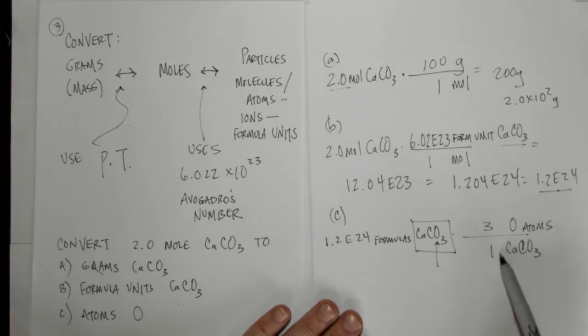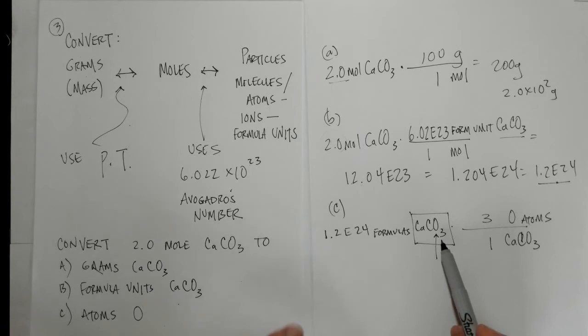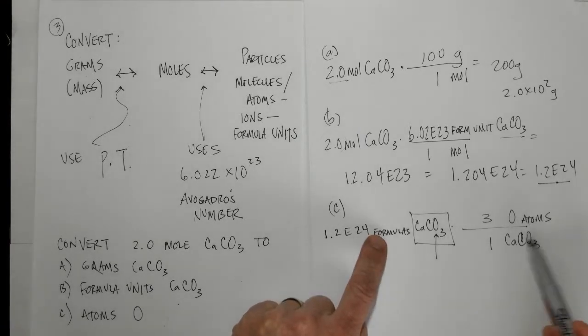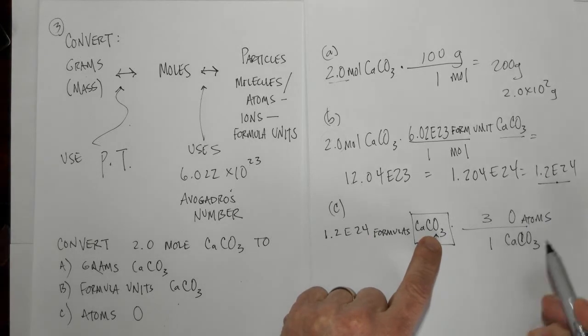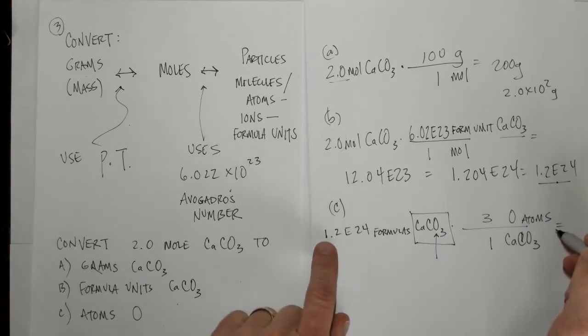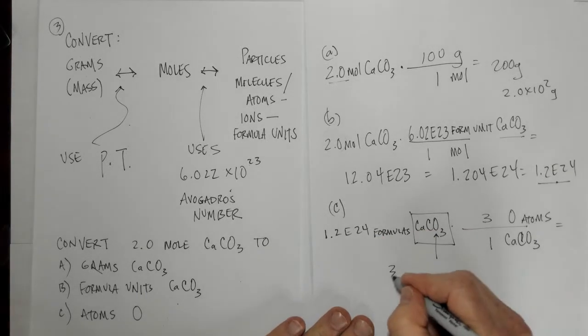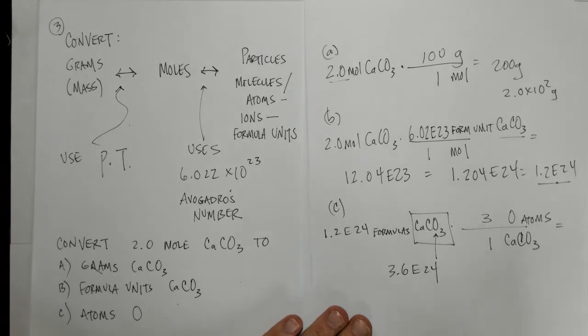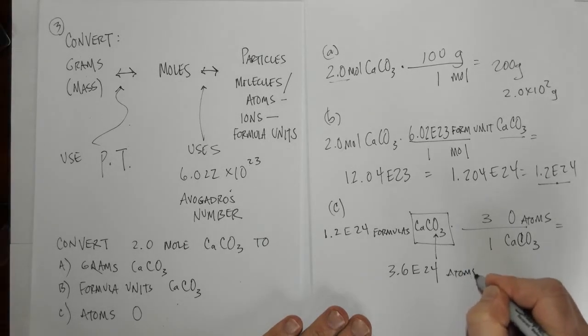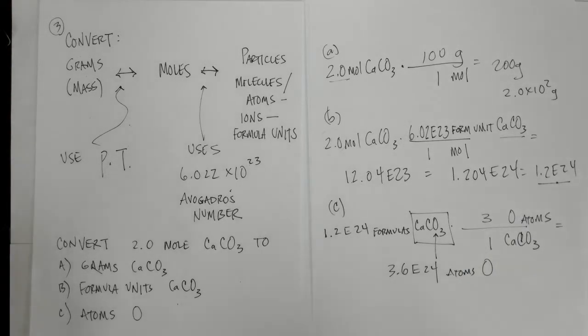So notice where I got this ratio, or this fraction. I got the formula units in a position where it's going to cancel, and then I put the atoms that are inside of this formula right here as my new set of units, or my desired species, on the top. 1.2 times 3, I think that's 3.6 times 10 to the 24th. That would be atoms of O inside of here.